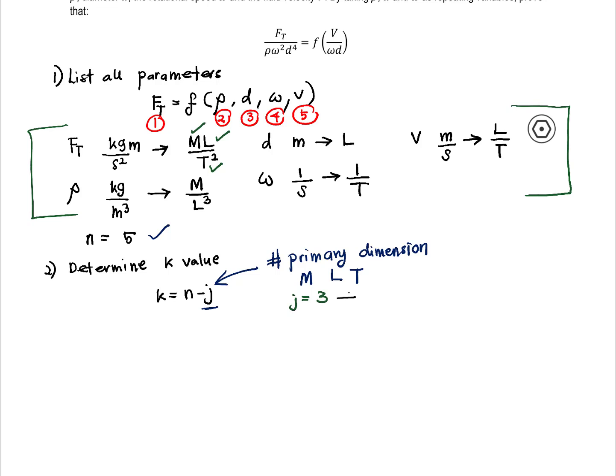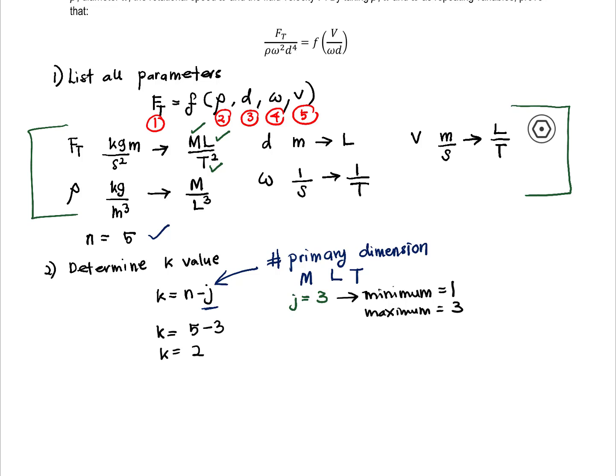The value of J minimum is 1 and the maximum is 3. So we substitute into the equation: K, n is 5 minus 3, we have 2.